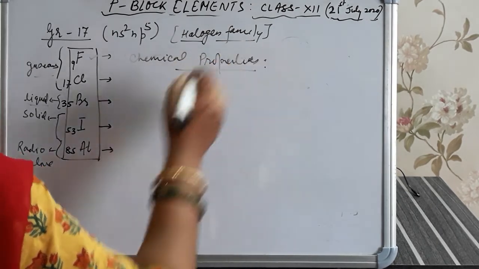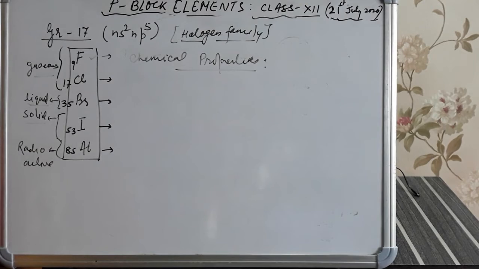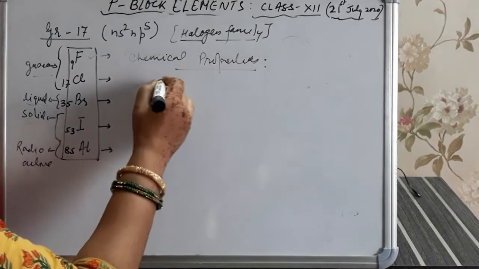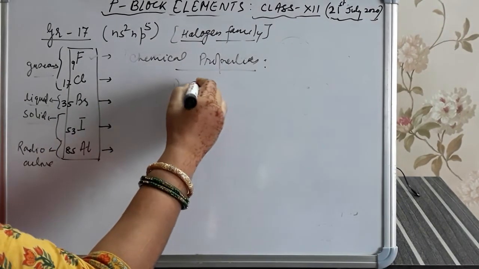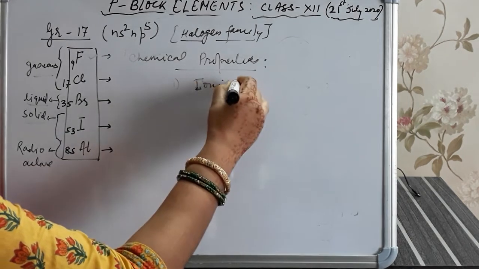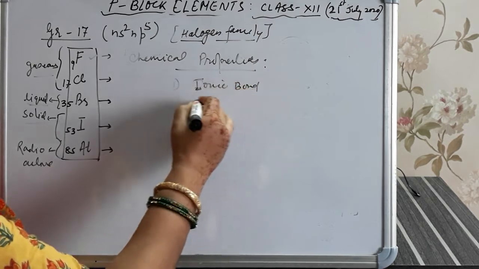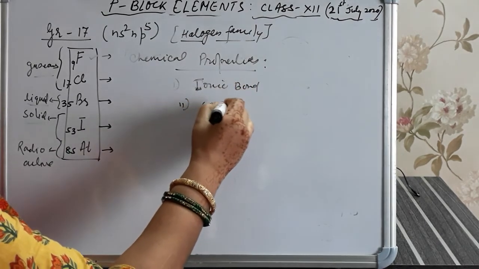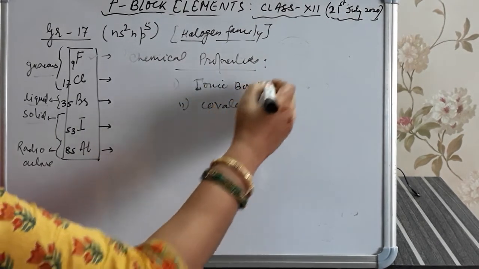Chemical properties. At first, the nature of bonding. In this group, elements form ionic bonds as well as covalent bonds.